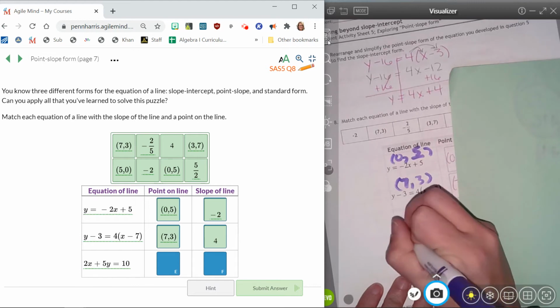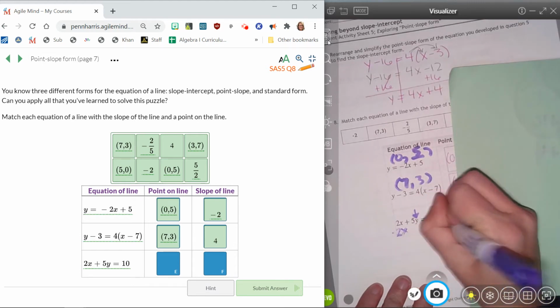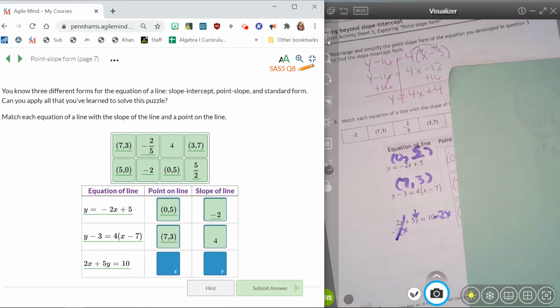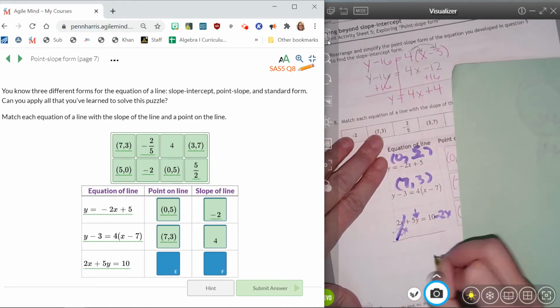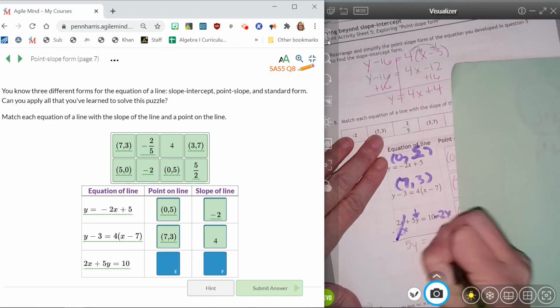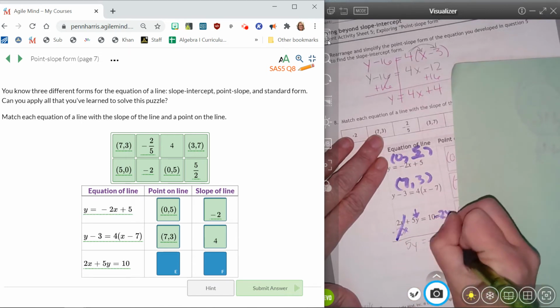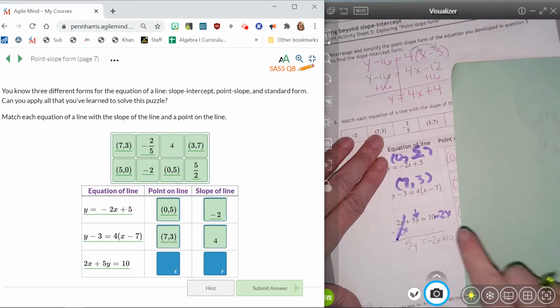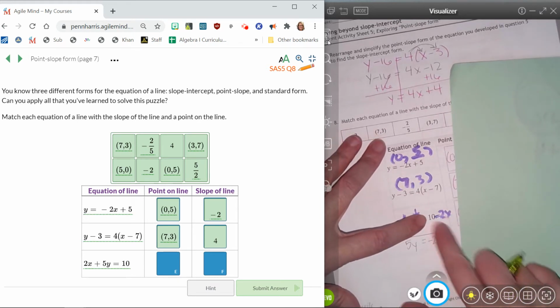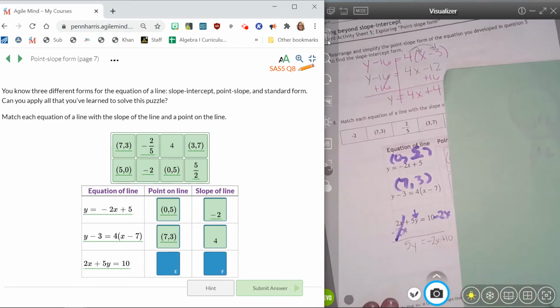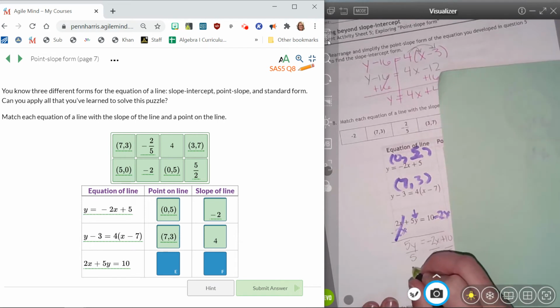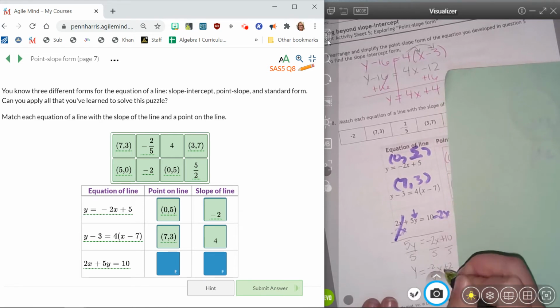I'm going to minus 2x on both sides. That leaves me with 5y equals negative 2x plus 10. And I just rewrote that in a different order. My 10 is still positive, my minus 2x, minus 2x. Lastly, get that y by itself by dividing everything by 5. And I'm left with y equals negative 2 over 5x plus 2.